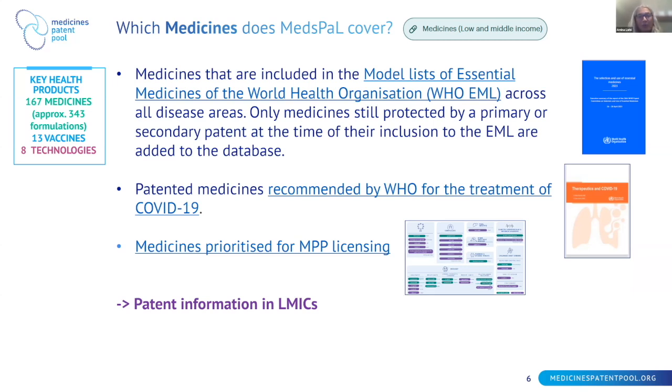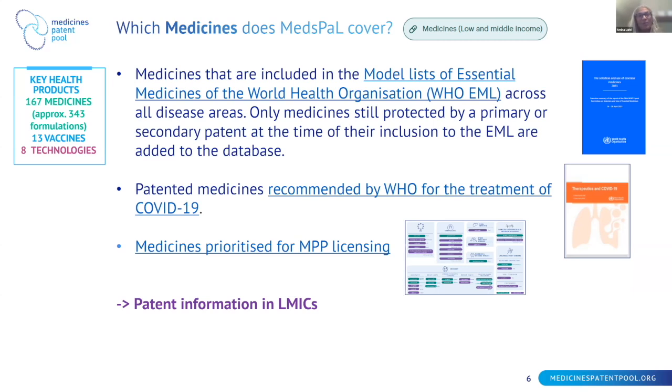We have also added the patented medicines that were recommended by WHO for the treatment of COVID-19. And we have also recently started adding the medicines that MPP prioritizes for its work. MPP has a dedicated page on the website, you can go and check it out, listing the medicines that are under priority or watch list.